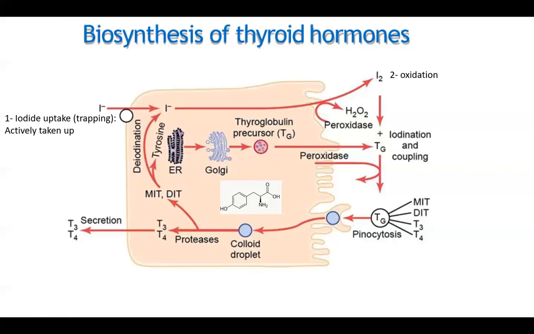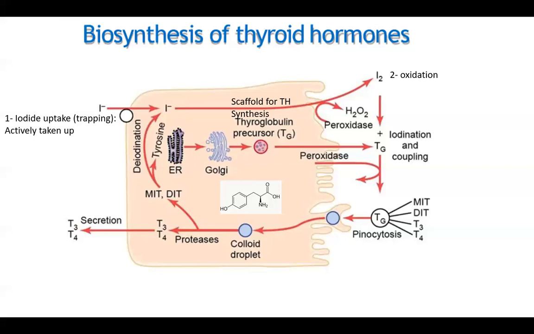Now, the next step is release. Release from where? Release of T4 and T3. Remember, we said we have a scaffolding protein, thyroglobulin, which is responsible for the storage of these hormones.